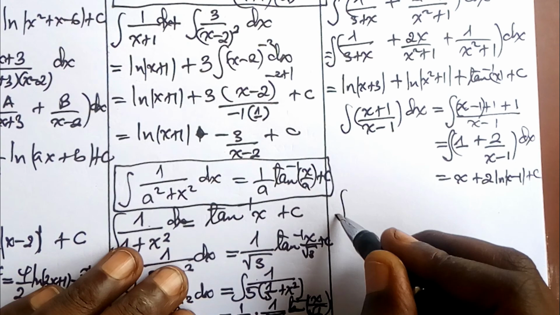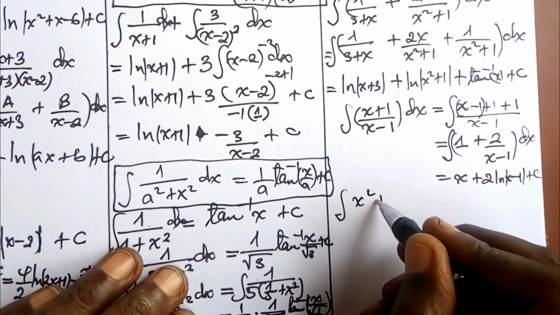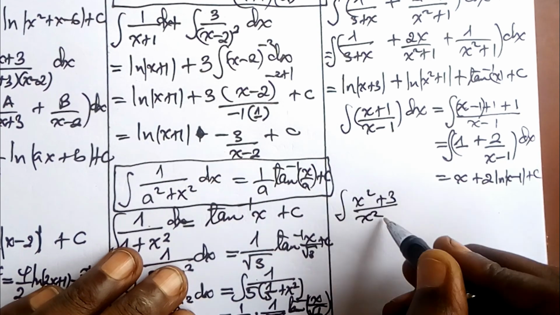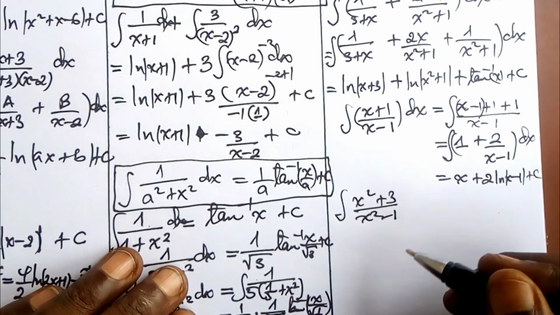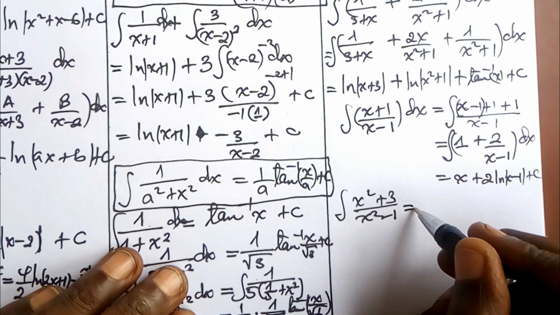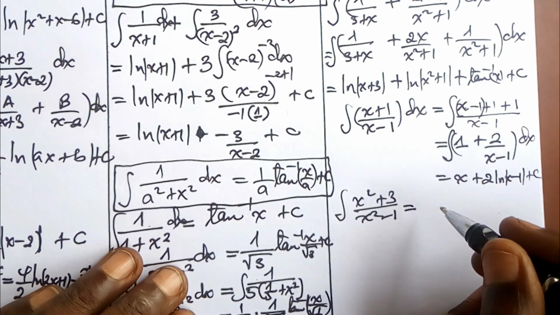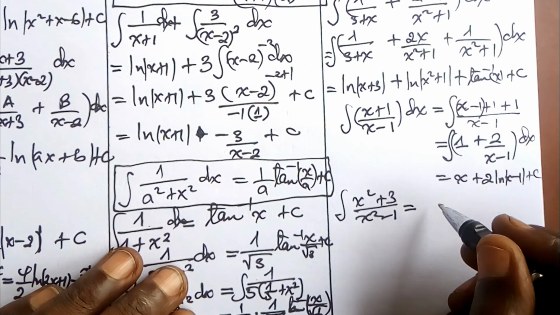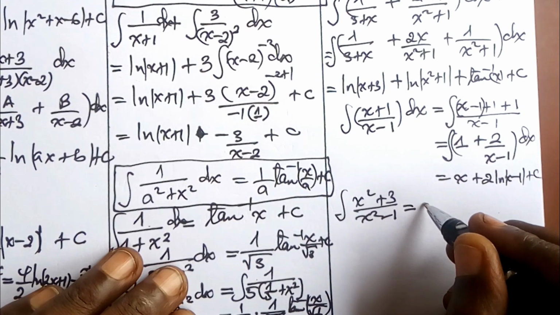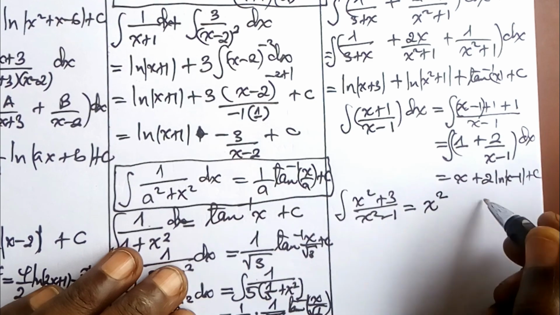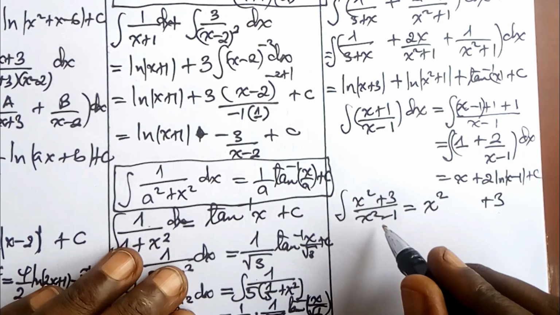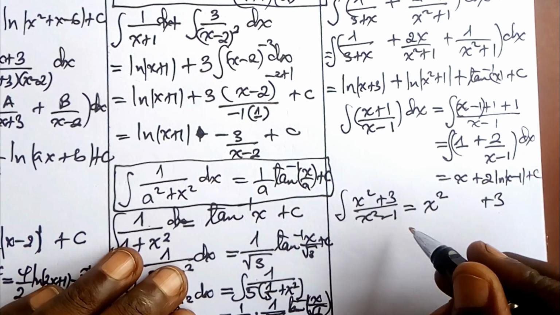If it were x squared plus 3 all over x squared minus 1, I would have to use that method again. First, to do the long division, I will write x squared plus 3, and down I have -1.